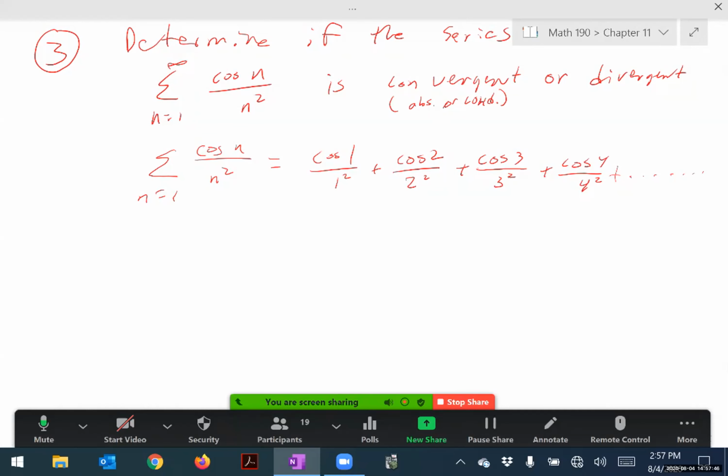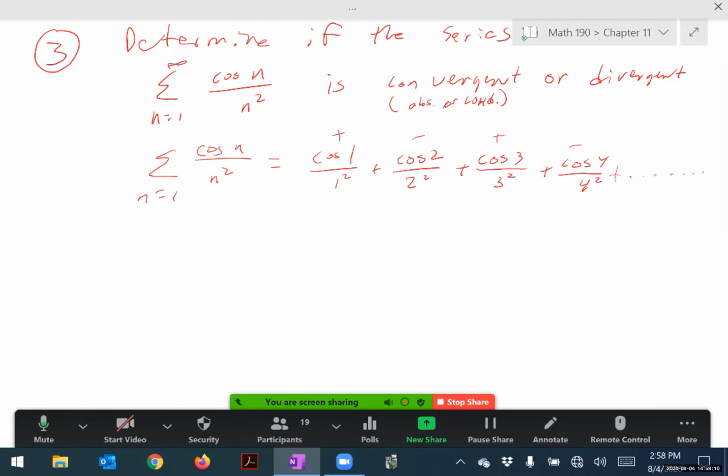Let's see if this thing is absolutely convergent or not. Does it converge absolutely? Because the idea is that some of these could be positive and some could be negative. I don't know if it alternates. They might not all alternate. They might get some positives or some negatives.